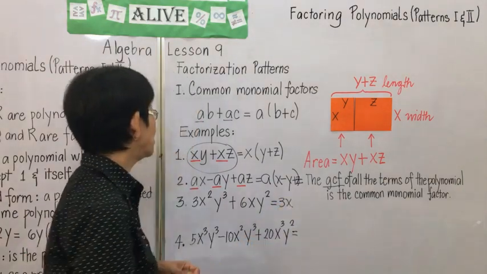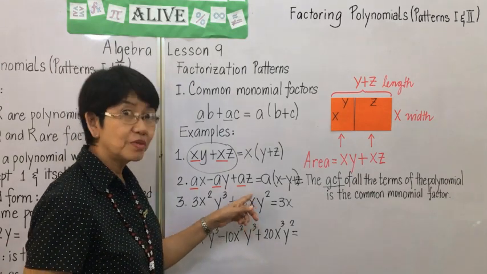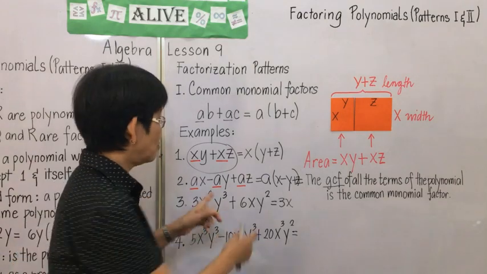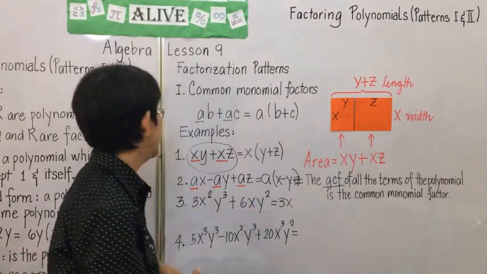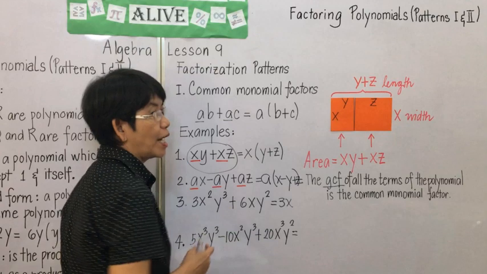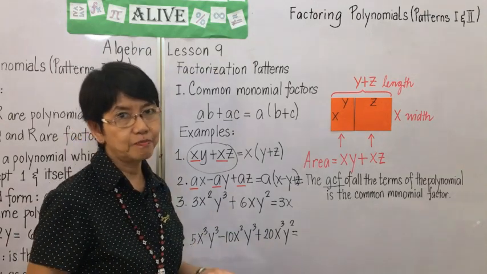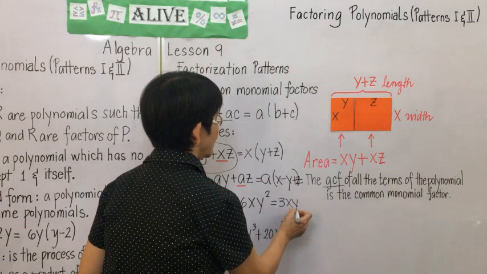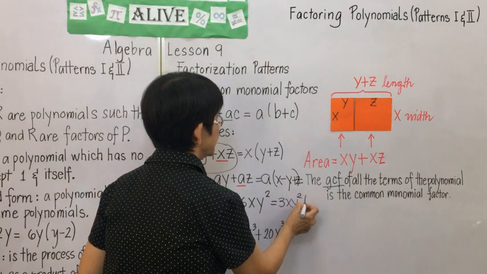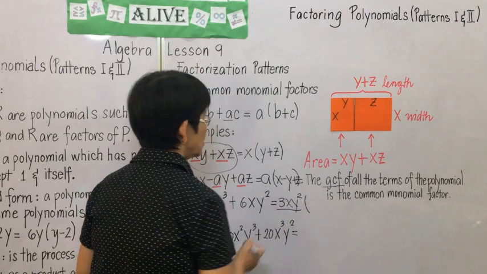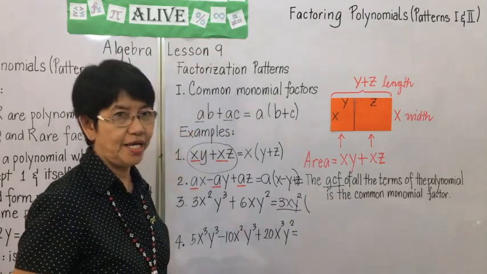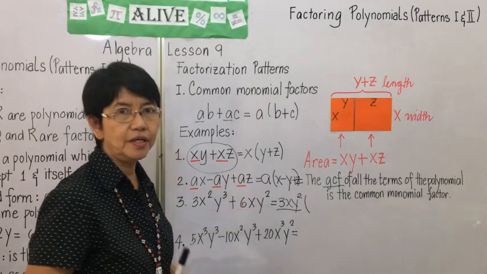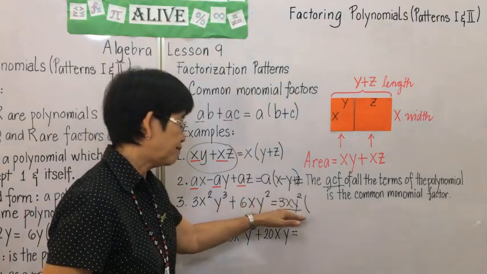So you have to choose the least power of that variable that is common to both of the terms. And then we have y cubed and y squared. So the least power of y is y squared.